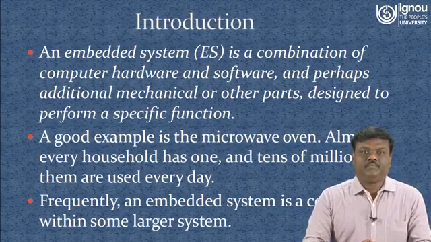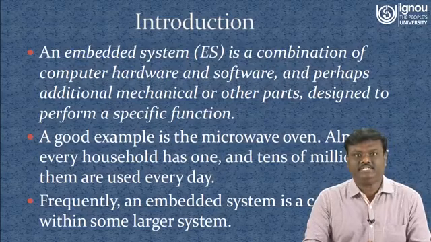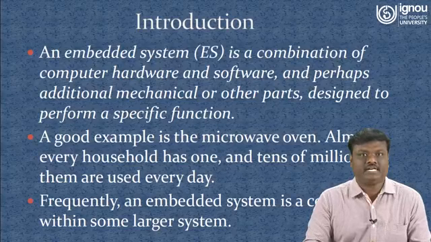So, before going ahead, let us learn the definition of the embedded system. An embedded system is a combination of computer hardware and software and perhaps additional mechanical or other parts designed to perform a specific function.